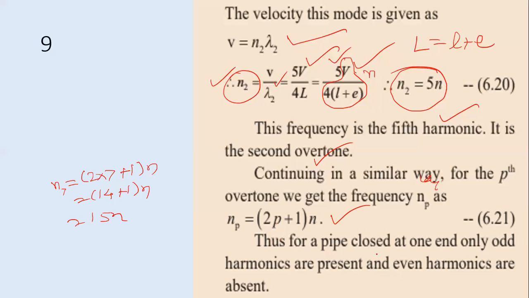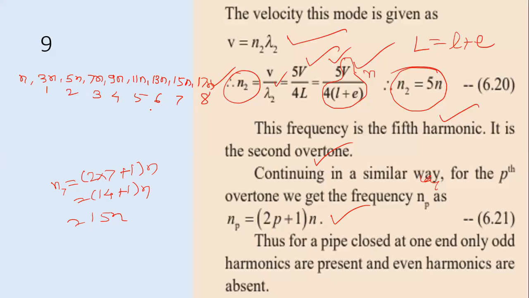Thus, for a pipe closed at one end, only odd harmonics are present and even harmonics are absent. This air column vibrates with these frequencies n, then 3n, 5n, 7n, 9n, 11n, then 13n, 15n, 17n, etc. This is the first overtone, this is second, third, fourth, fifth, sixth, seventh, eighth overtone.